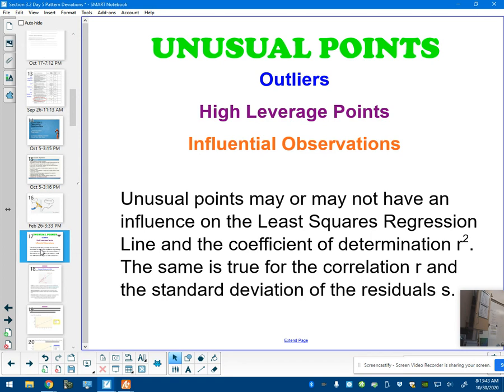So if you can find your 3.2 notes, back on page 7, where it said leave blank for now, we're going to fill in those definitions of outlier, high leverage point, and influential point.